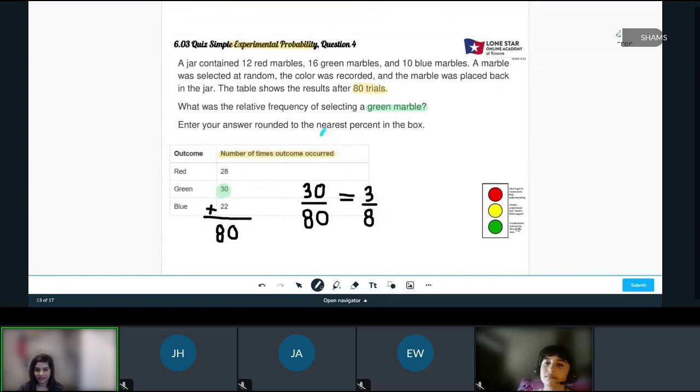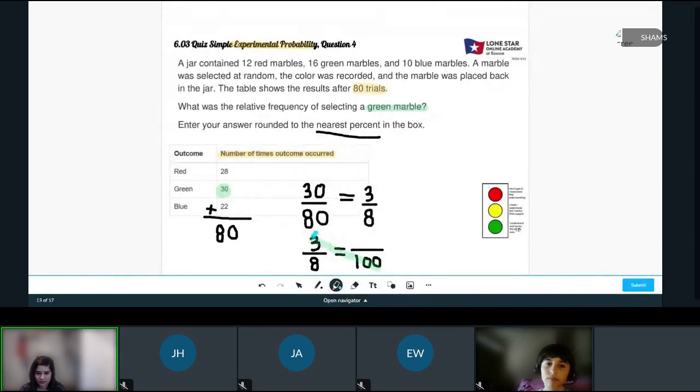Then you want it as a nearest percent. Let's change it to a nearest percent. So 3 out of 8. We're going to make it into a percent. Percent means denominator of 100. I will cross multiply and divide by 8.